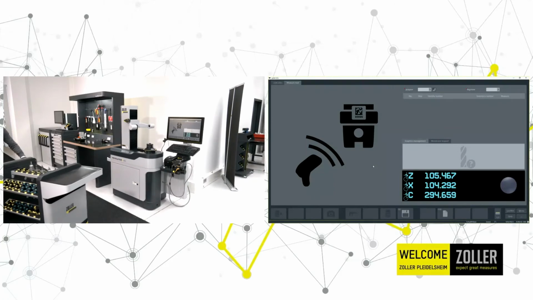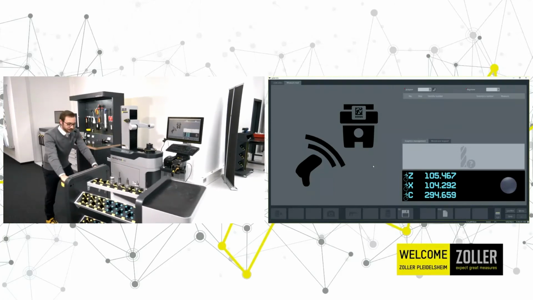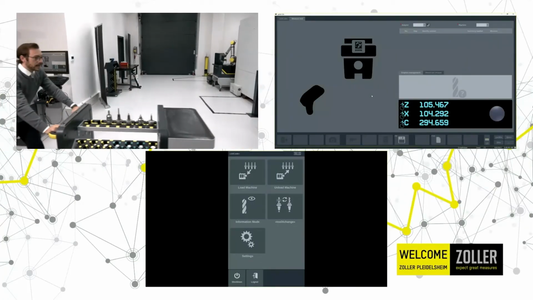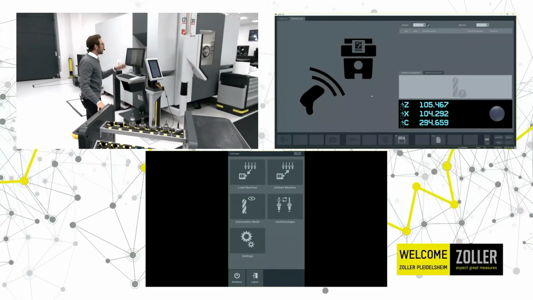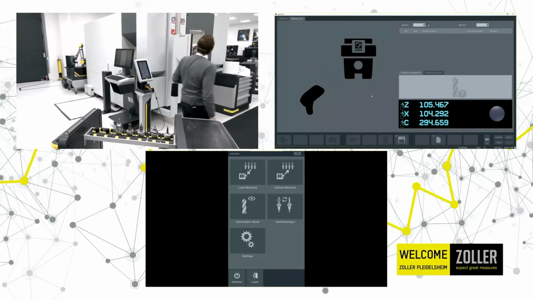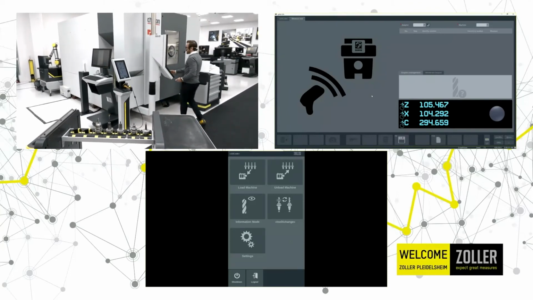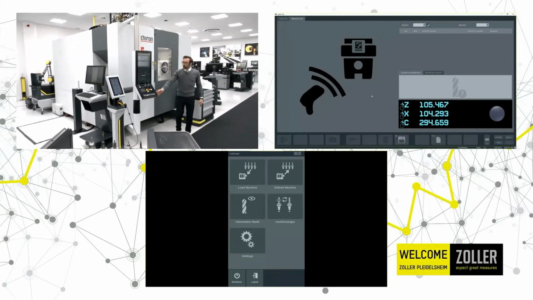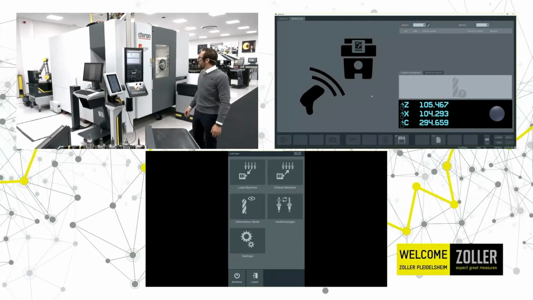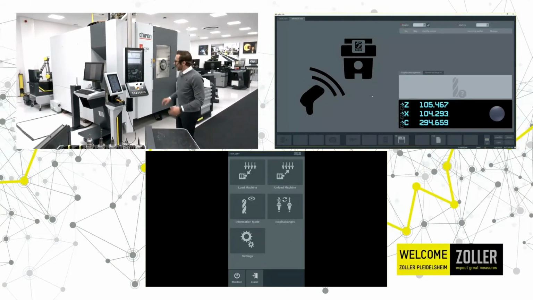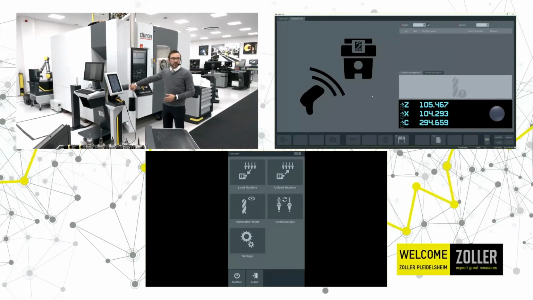So, let's go to the machine. And here on our CNC machine, which is in our case a Chiron FZ16S with the Siemens 840D solution line controller. We are coming later to the machine.